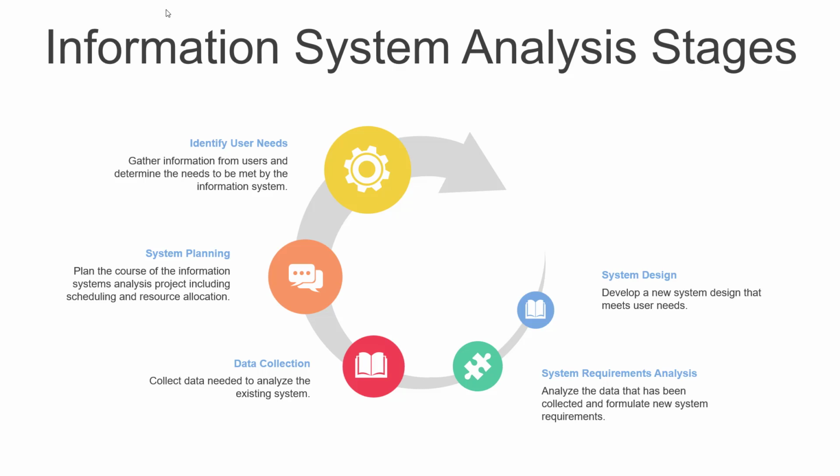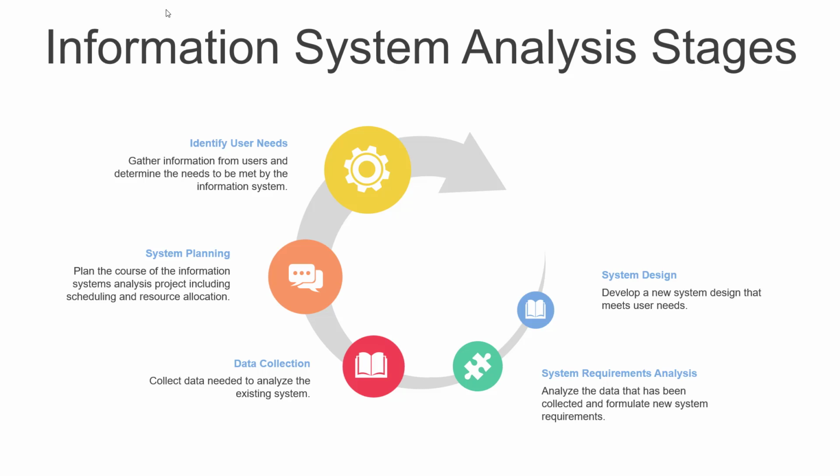And then, how about the information system analysis stages? If you have the problems and then you want to develop some information system, you can go through the stages. We have 5 stages that we want to describe in these slides. Okay, the first one is identify user needs, where we gather information from users and determine the needs to be met by the information system.